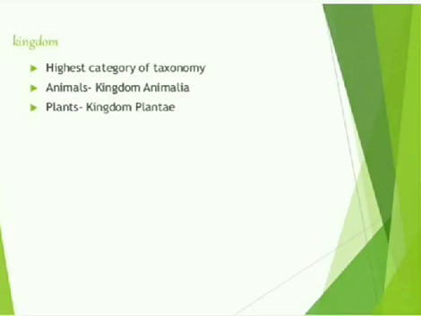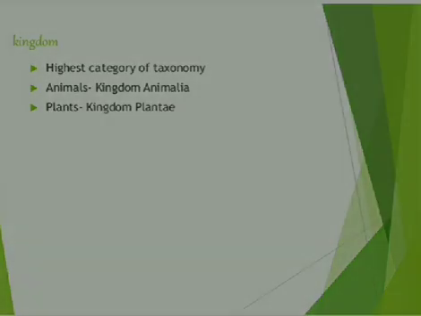Now, the kingdom is the topmost level of the taxonomic hierarchy, the highest category of taxonomy. Animal kingdom, Animalia, and plant kingdom, Plantae. It means that the kingdom is mainly divided into two parts. One is for animals, considered as kingdom Animalia, while the second includes all the plants.